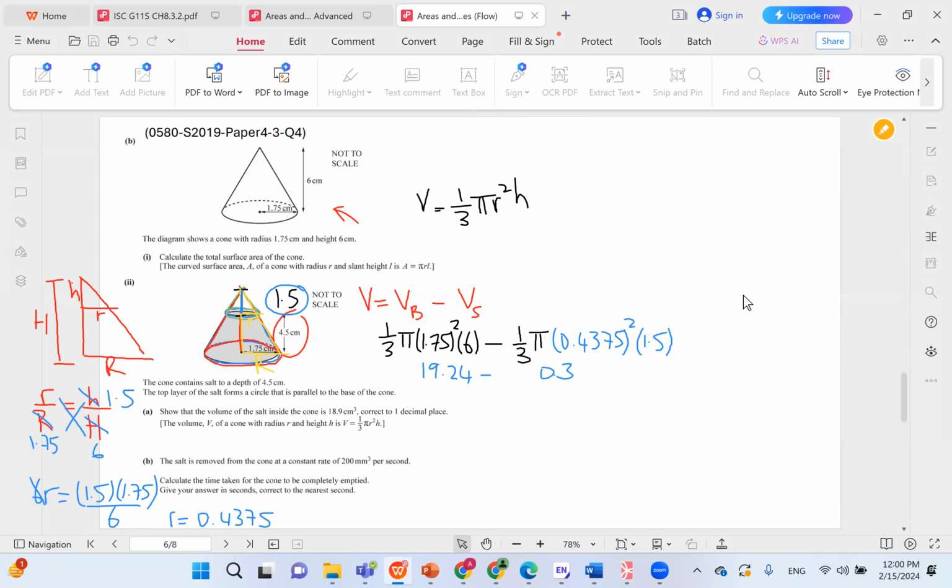So 19.24 minus 0.3 would be 18.94. And this is approximately equal to 18.9, correct to 1 decimal place. Therefore, our answer is correct, and we can move on.